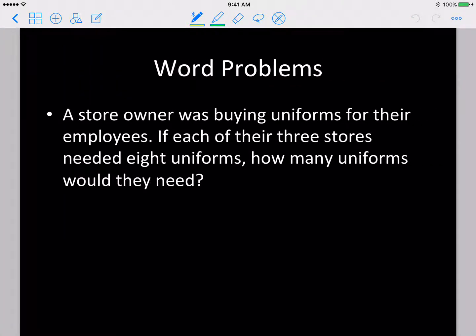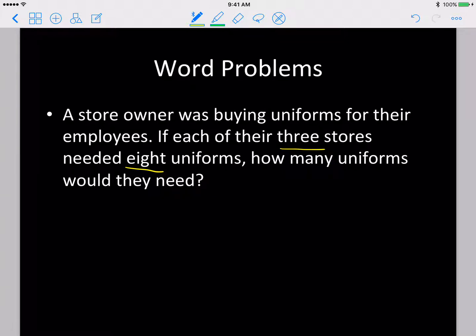Got a few word problems for us, and then I'm going to set you off on your way. You all have been doing great. Thanks for being patient with me. So let's look at this word problem. A store owner was buying uniforms for their employees. If each of their 3 stores needed 8 uniforms, how many uniforms would they need?